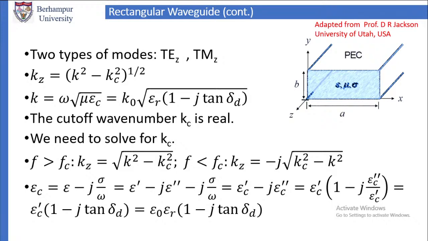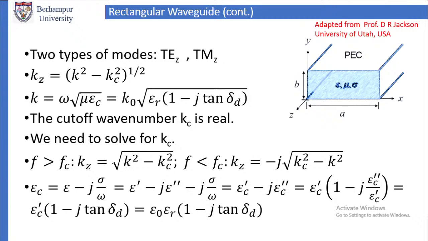Then what is k? By definition, the wave number is omega root mu epsilon c. So that you can write as k0 root epsilon r into 1 minus j tan delta. This is by definition k.